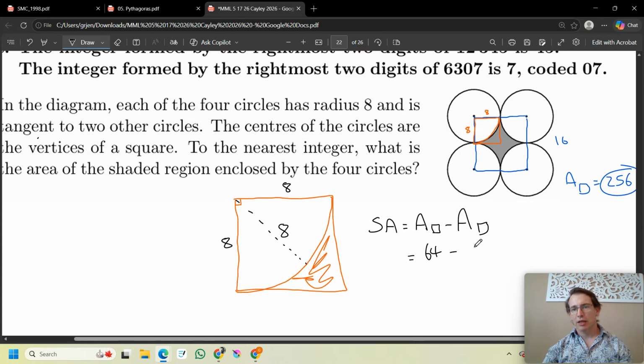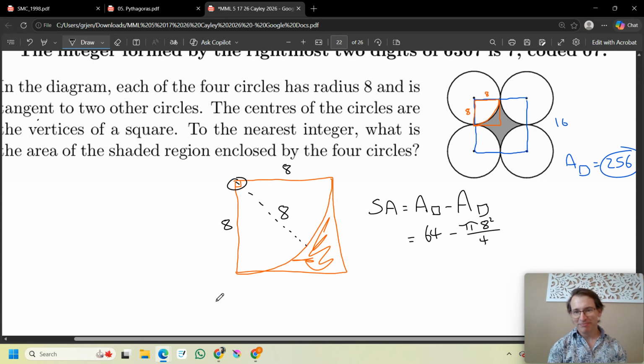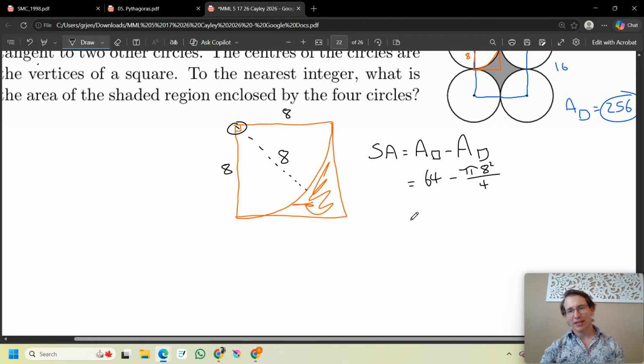So we have pi multiplied by the radius squared, but we have to divide that by 4 because this is only 1/4 of the circle. So it's 1/4 of the area. And then that gives us 64 minus 64 pi on 4. So we get a little bit of practice with our powers of 2. So this is 64 minus 16 pi.